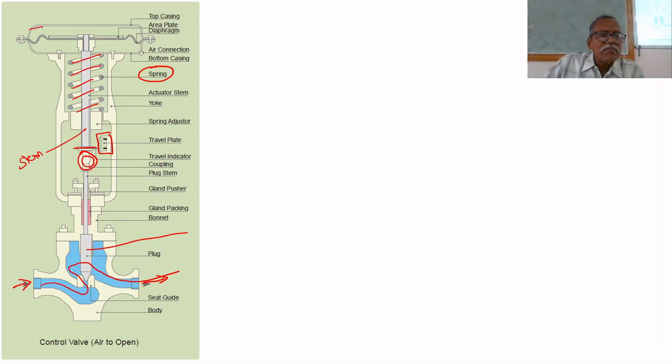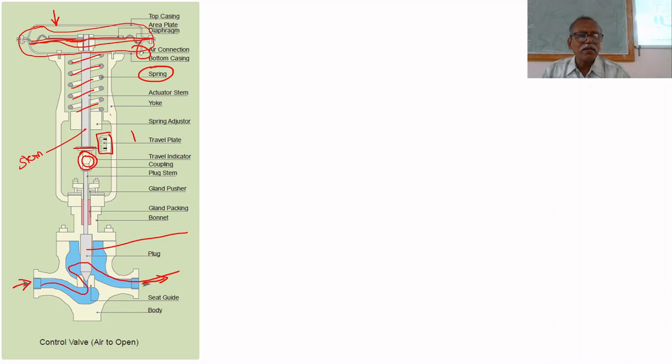Here, this is the chamber. In the middle, the flexible member is called the diaphragm. If the air input is on the top side, then it is called air to close. Here the air input is in the bottom, which is called air to open.